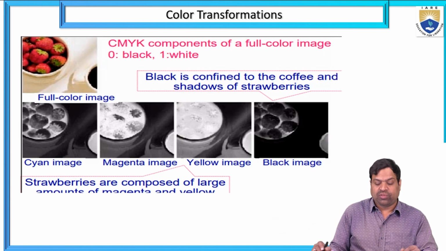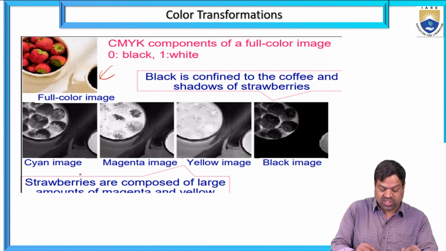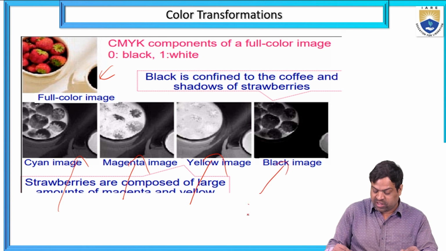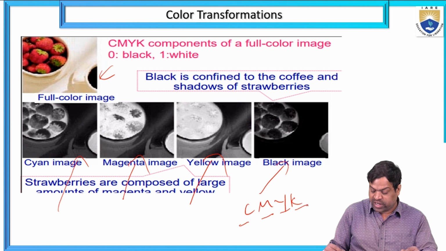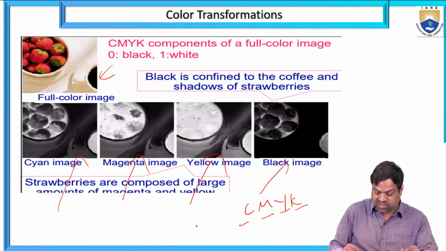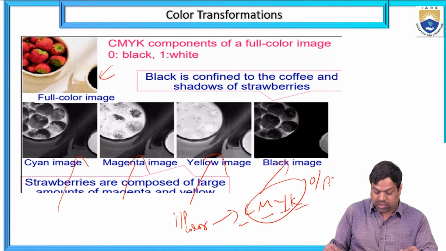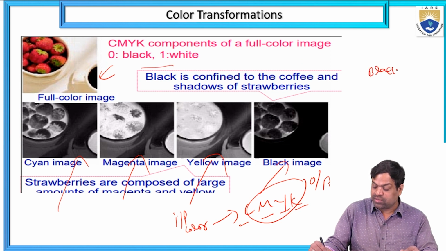It is one example where the input is a full color image. Here I am converting to cyan, magenta, yellow and black, CMYK. K I am taking as the black image. The input image is a color image converted to CMYK, which is the output image. Here I am considering black equal to 0 and white equal to 1.